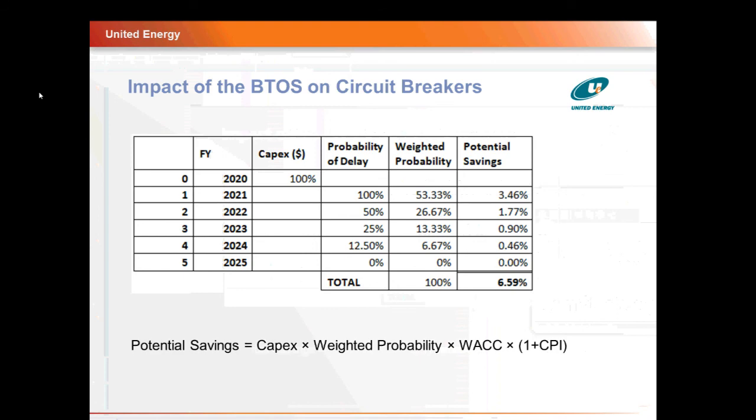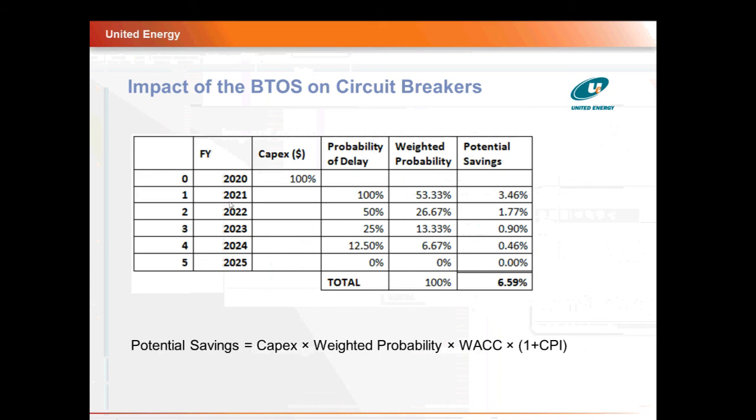In this table, we can see the proposed capex value for 2020. In this column, we have the probability of delay of this capex and then the weighted probability. And in this column, the potential savings are calculated using this formula.